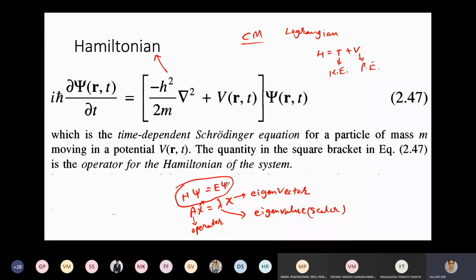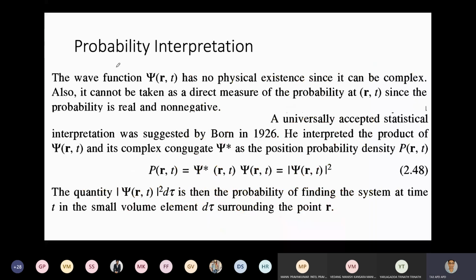Now let us see what actually the meaning of the psi function is. For that, one needs to know the probability interpretation, because as we have been discussing since the beginning of the class, the whole journey from classical mechanics to quantum mechanics started from the hypothetical ideas by Max Planck and Einstein, Bohr's model, the Wilson Sommerfeld quantization rule and all those theories.